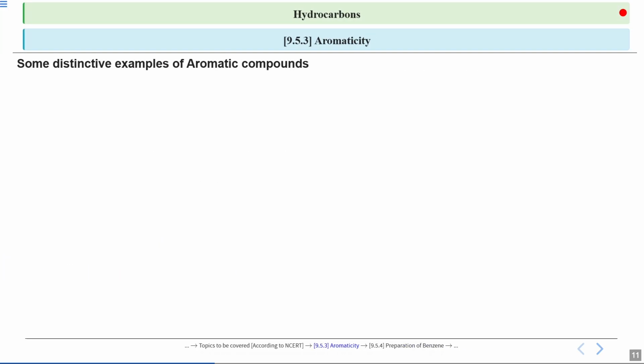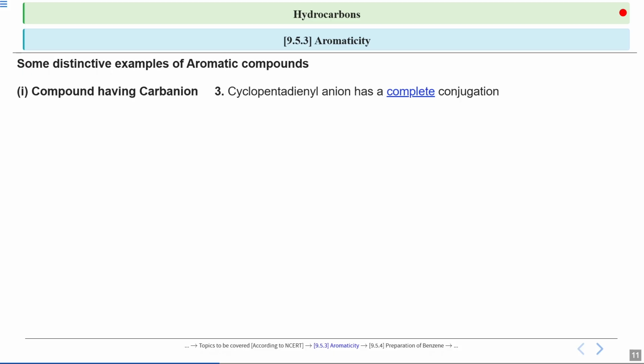Continuing with this example, the cyclopentadienyl carbanion also has complete conjugation. The third criterion is complete conjugation, and it has that; we have seen that in the starting part. Lastly, the fourth rule: it should follow Huckel's rule. If you count the number of pi electrons in your cyclopentadienyl, it has 6 pi electrons.